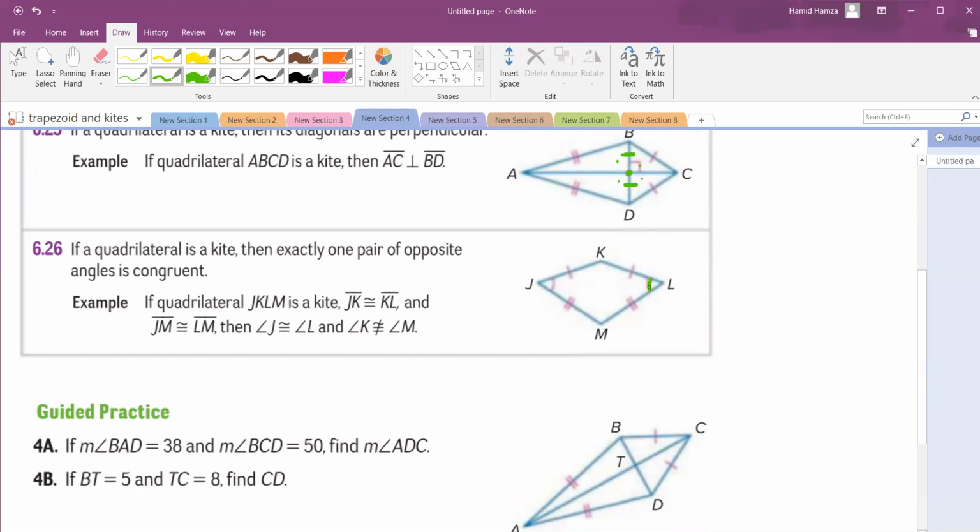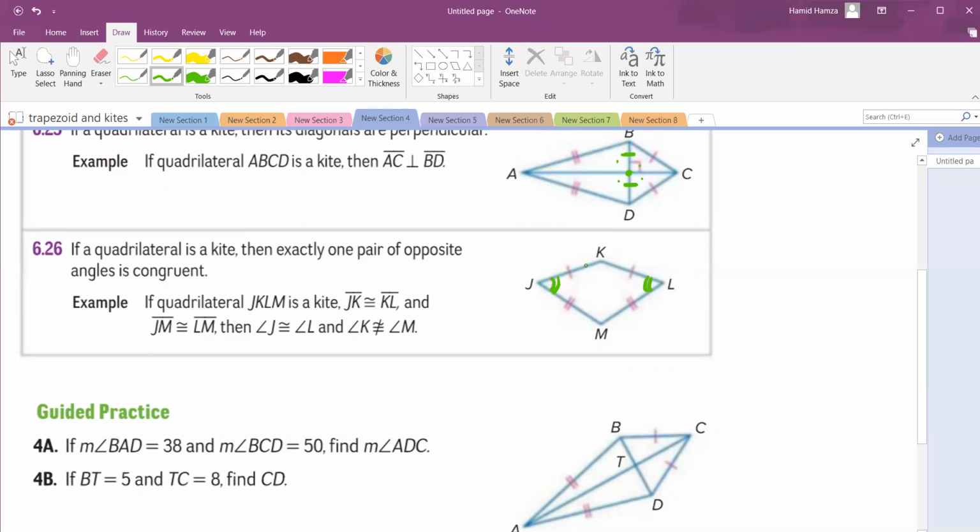This angle and this angle are congruent, they have the same measure. So if a quadrilateral is a kite, then exactly one pair of opposite angles are congruent. One pair is congruent and the other two are not congruent. That means angle J equals angle L, but angle K and angle M are not congruent.